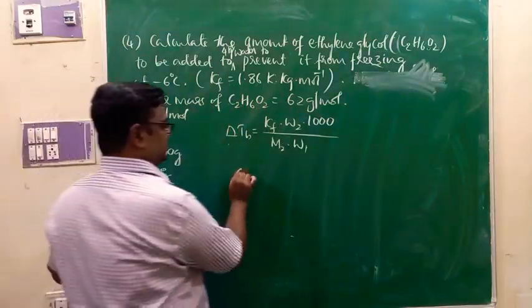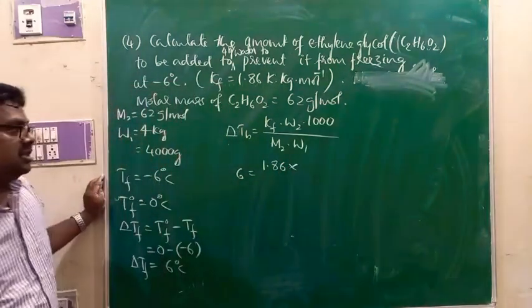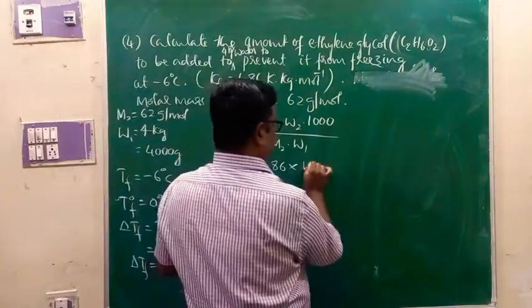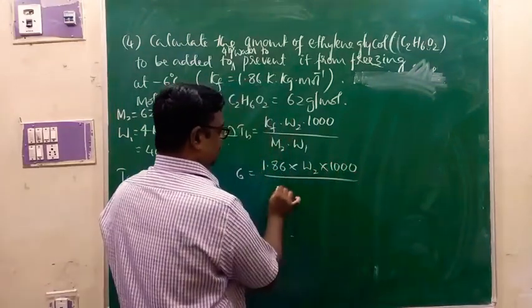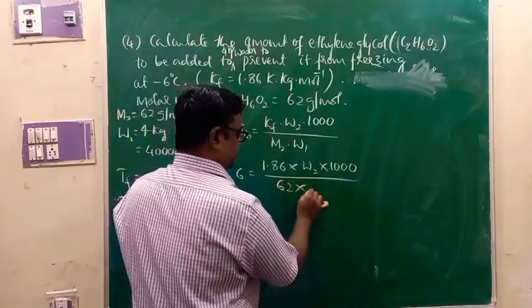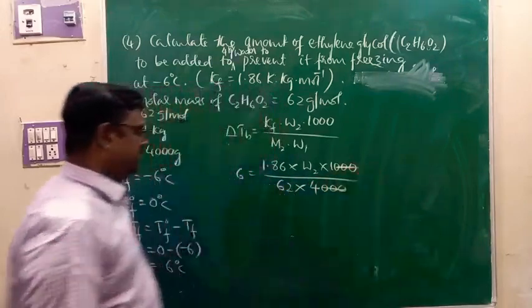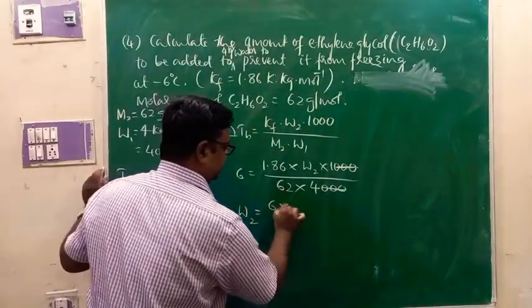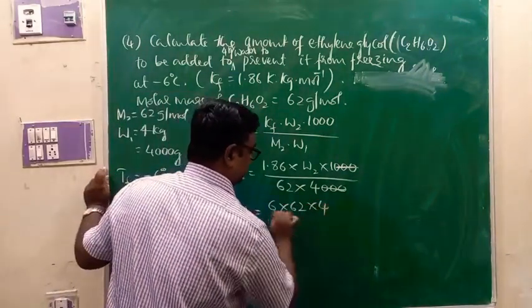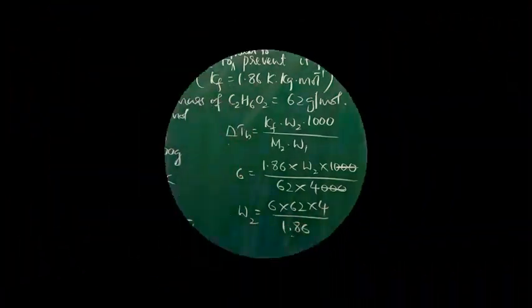Yes, that is 6 is equal to 1.86, molar depression constant of water, W2 to be calculated into 1000. Yes, whole divided by molar mass of solute is 62, and of course 4000 it is, right? And these zeros get cancelled, right? Therefore W2 equals, cross multiply, 6 into 62 into 4 divided by 1.86. Do it.